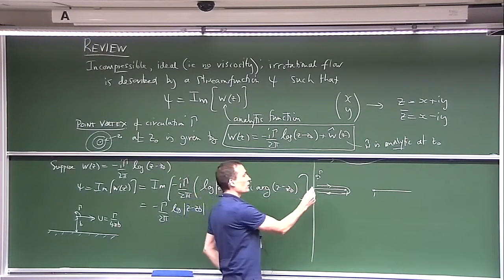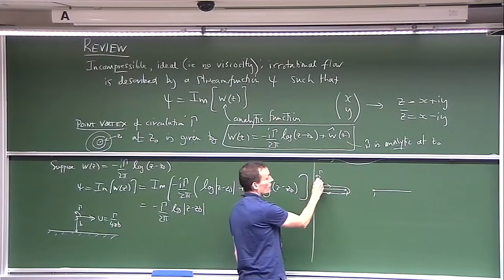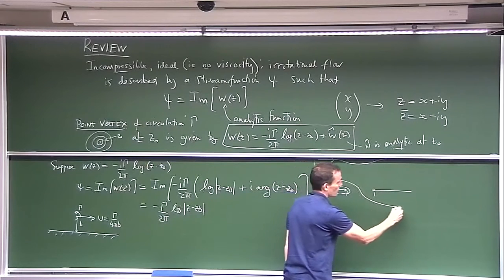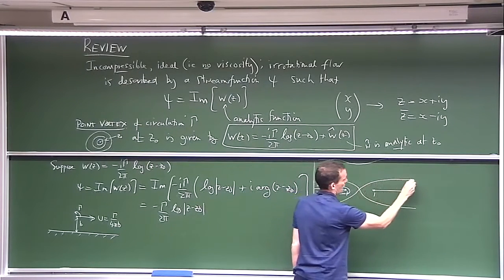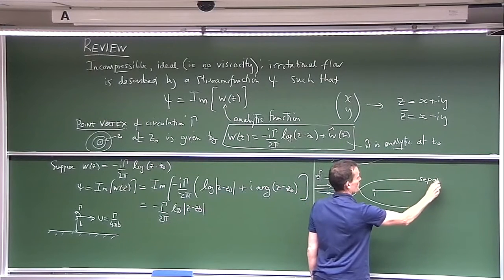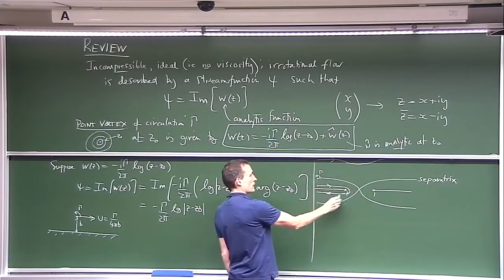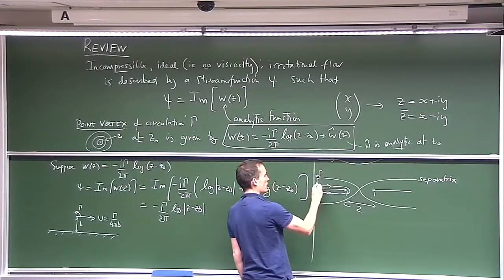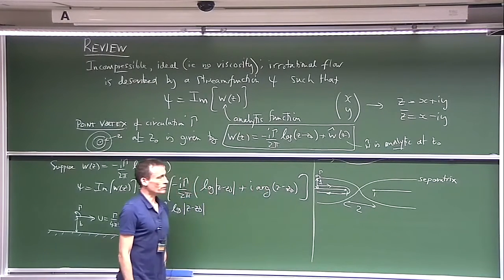Okay, and there's actually a critical separatrix between these two behaviors, which is symmetric with respect to the gap. This separatrix. And in fact, if this gap distance is 2, this height is 1. A critical trajectory.